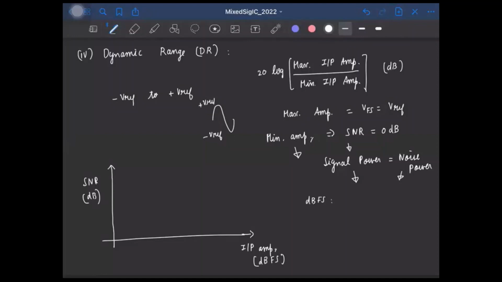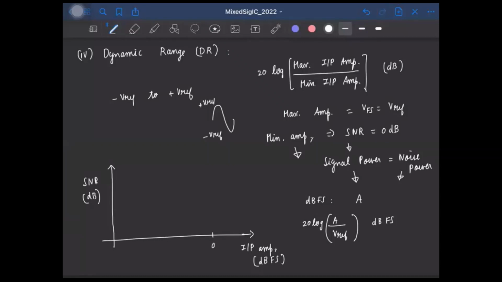Okay, so what is done here is that if, let us say, your input amplitude is A, you normalize this amplitude with respect to the full scale. That is, you take A and divide by the full scale voltage, which in this case is Vref. Okay, and you take 20 log of this and say the input amplitude is so many dB with respect to the full scale voltage.